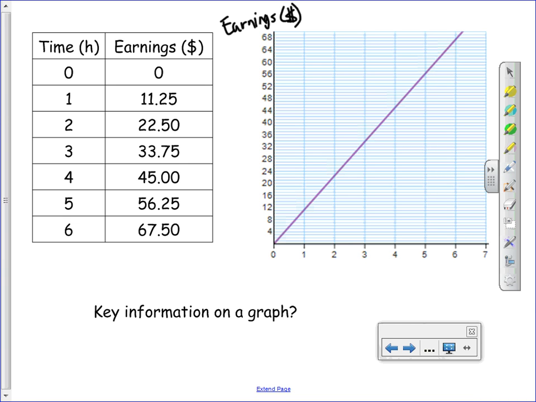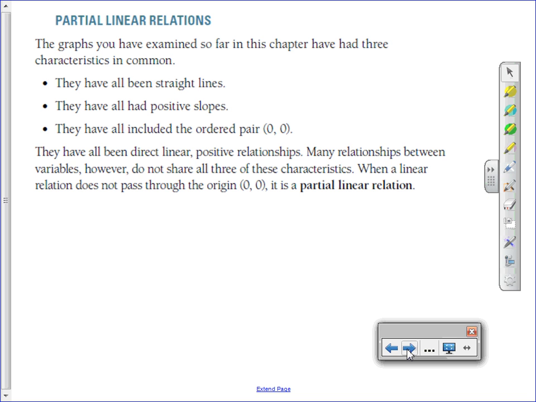This is the time, and it's measured in hours. You should also have a title on your graph, like Cheryl's wages or Cheryl's earnings, something that applies to the situation. So you've got to be neat. You can use a straight edge. You can use grid paper. I've got lots, and you'll be graphing.